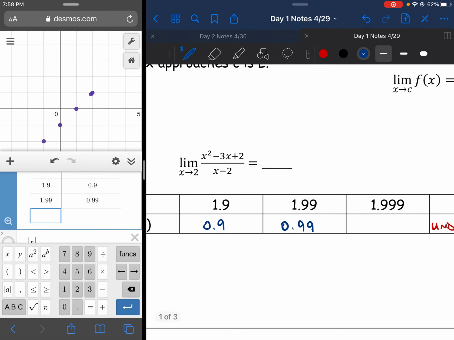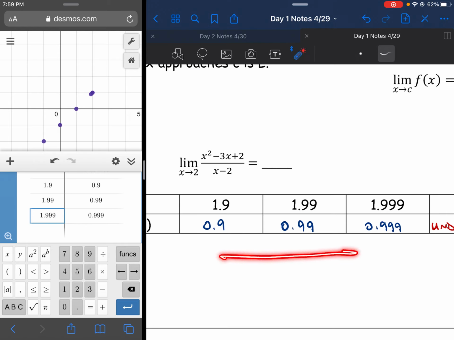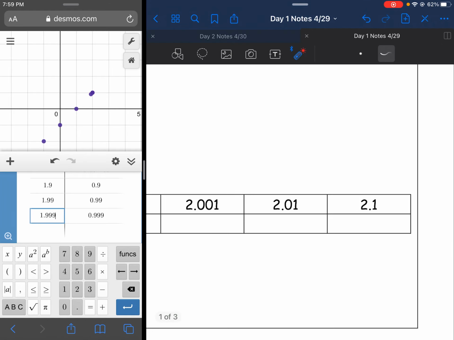If x is 1.999, then the y value is 0.999. So as we approach from the left, it looks like these numbers are getting closer and closer to 1. 0.999 is practically 1.